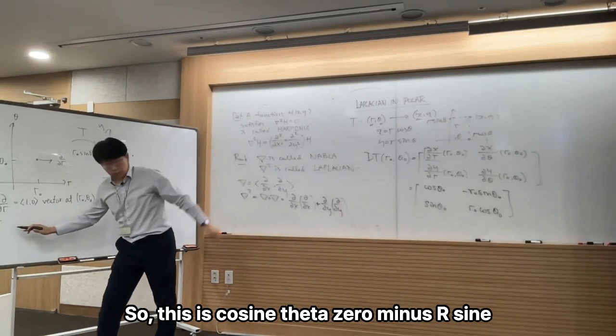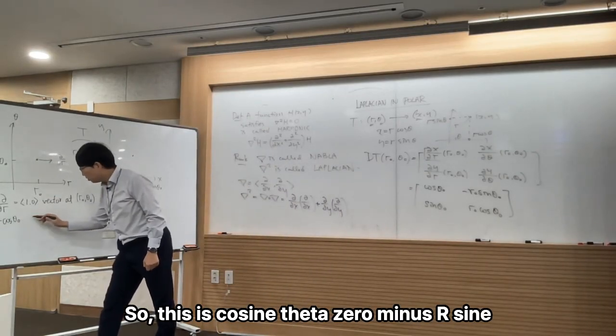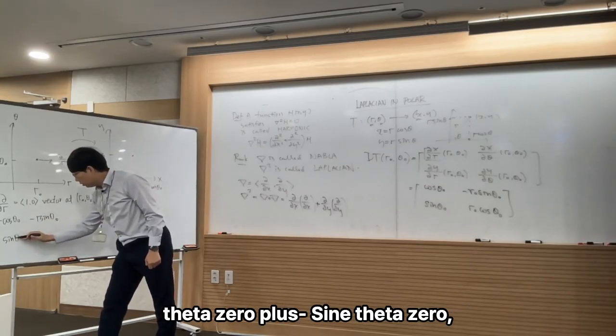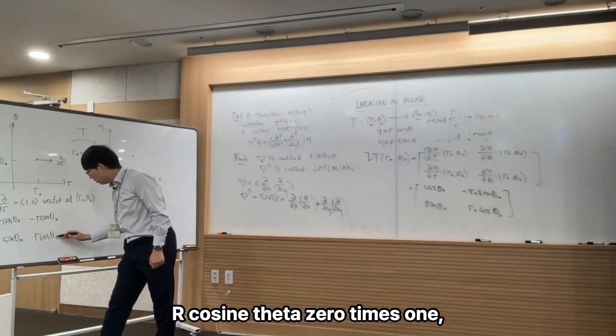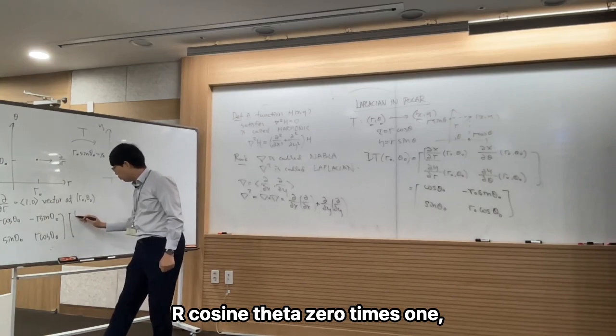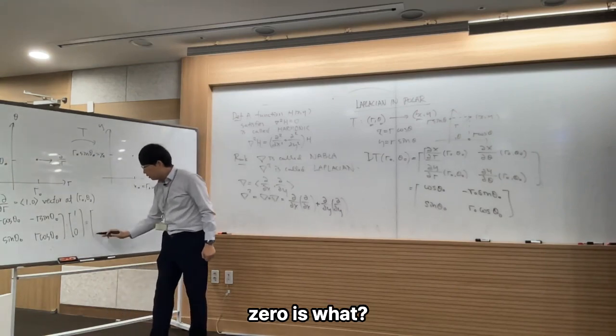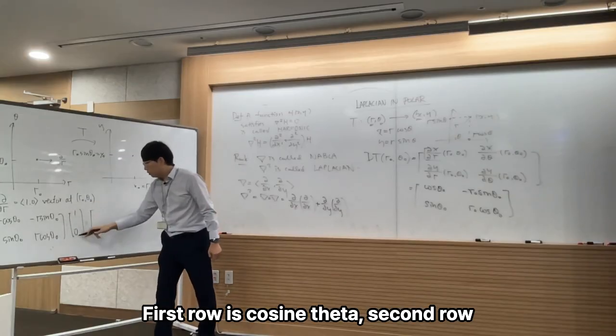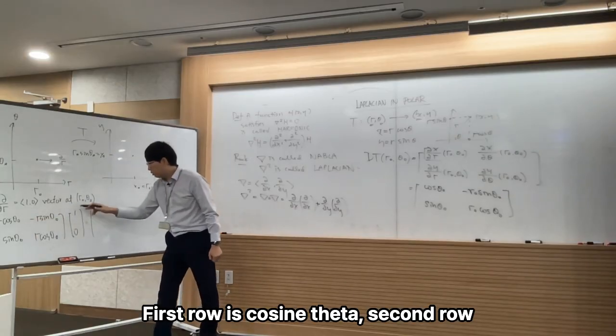What happens when you move your point instantly in this vector? You are changing your x0 comma y0 in a certain direction. And that direction is governed by the matrix multiplication of the differential and the vector 1, 0. So this is cosine theta 0, minus r sine theta 0, sine theta 0, r cosine theta 0, times 1, 0. Do the matrix multiplication. You get the first column, right? First row is cosine theta, second row is sine theta.